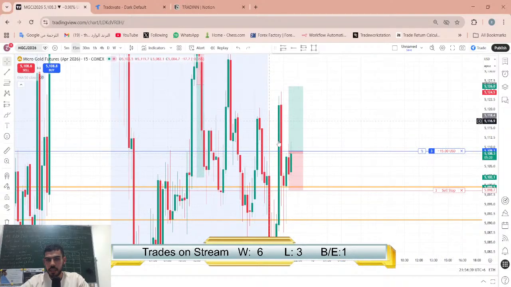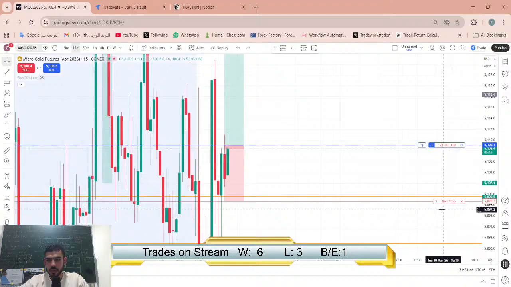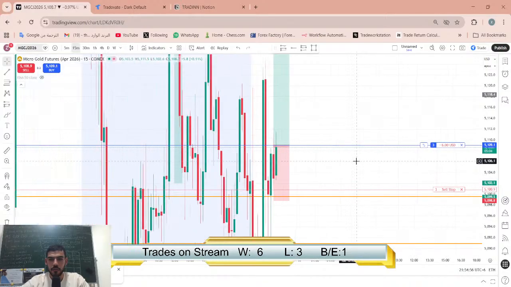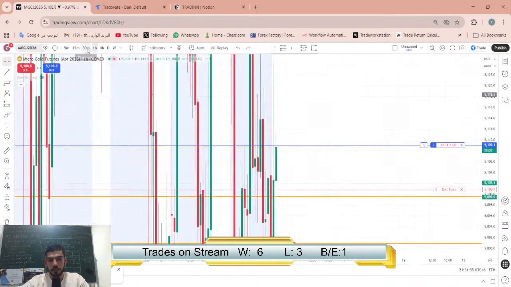Yep, so if this candle breaks the previous 15-minute candle, there is no reason at all to break this current candle low, right? There is no reason at all to break this current candle low.